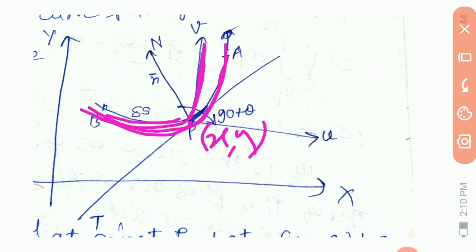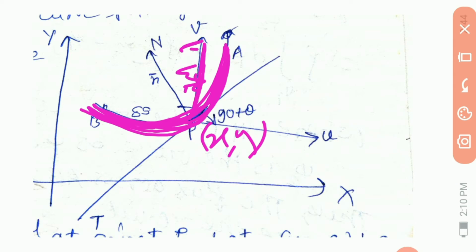So delta S is this line element at this point P(x, y) of this curve AB.